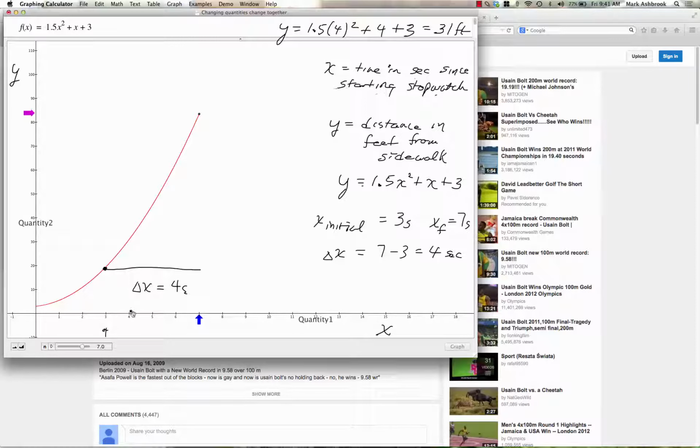So right here is x equals 4, I'll do red. If we plug 4 into that formula, it's telling us the y coordinate of that point, which is 31.